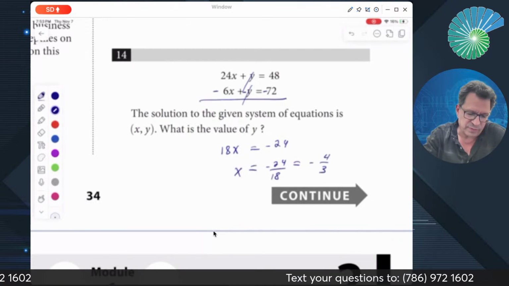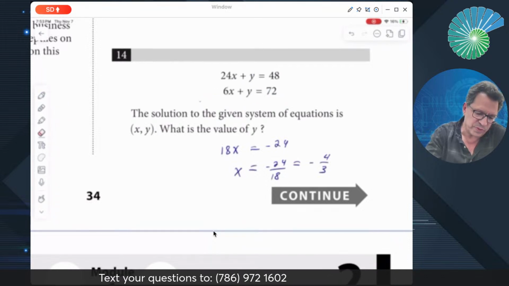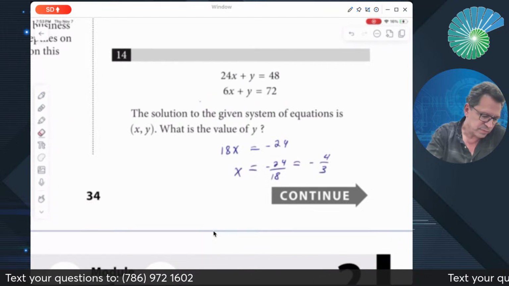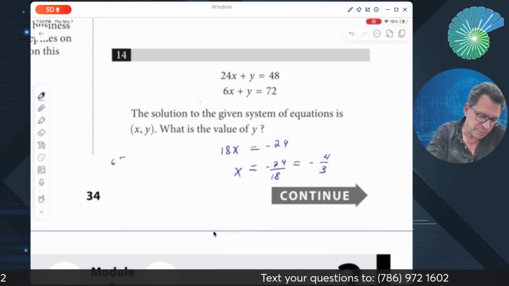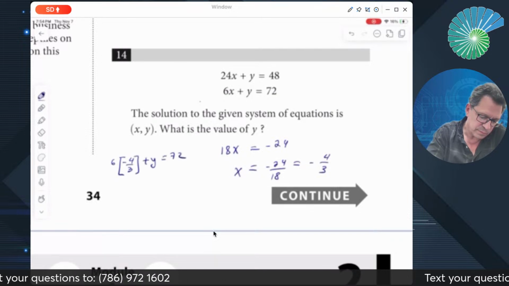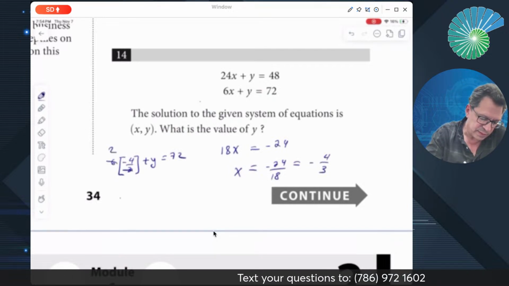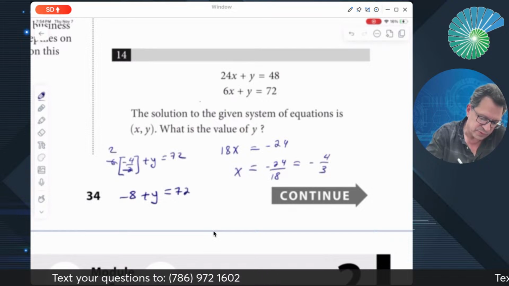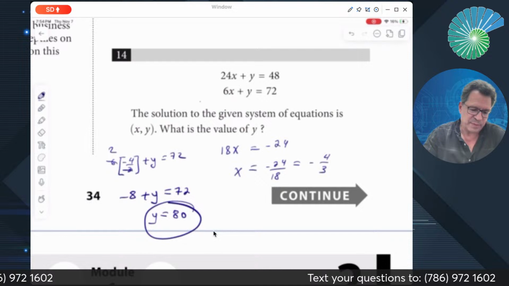But they don't want the value of x, they want the value of y. So I go back to any of the two original equations, say the second one, and I plug in the value of x. Simplify, and that gives me negative 8 plus y equals 72, which means that y is 80, and I'm done.